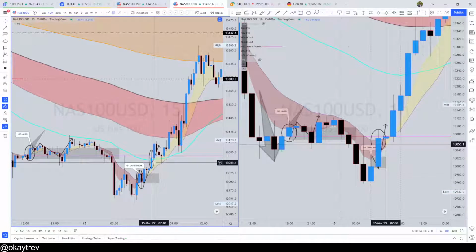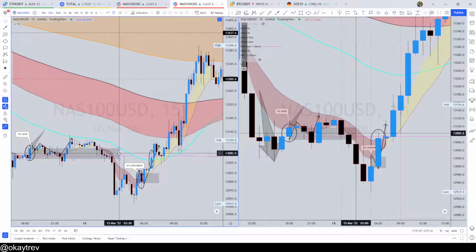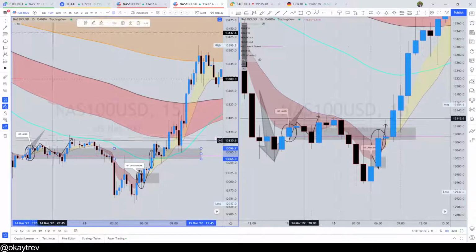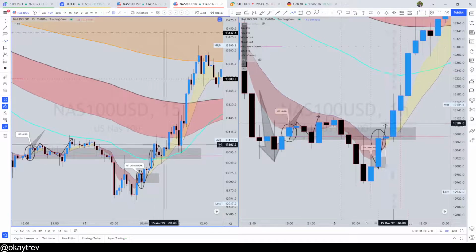Notice how the aqua is right here where that first layer break was. So I'm not even going to highlight the aqua break, 50 EMA break. I'm going to just highlight this first layer break. And remember, we're always waiting on that break and retest. So what did price do? It rallied up.